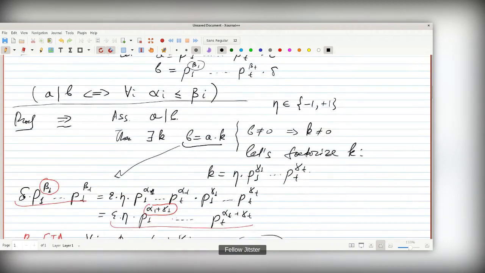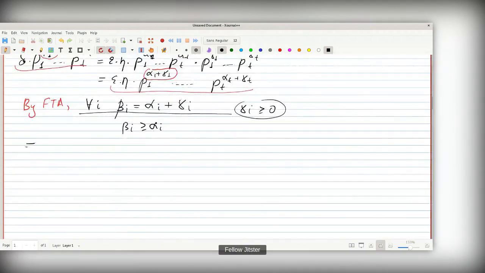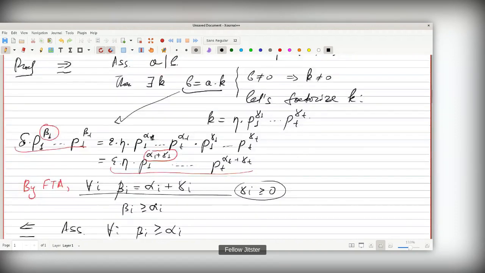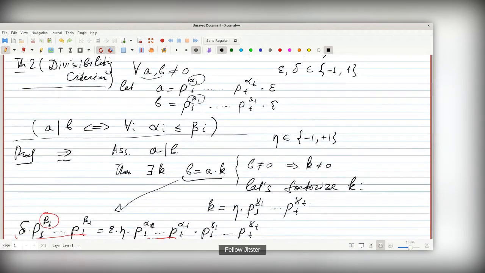Okay, and for the other direction now, assume that indeed for each i, beta i is greater or equal than alpha i. What should we do? We want to construct this k, and it is not hard to do.